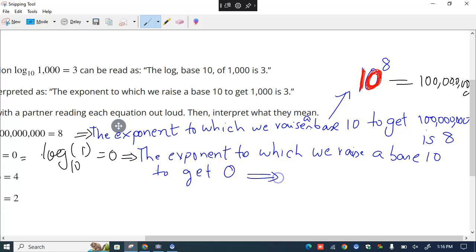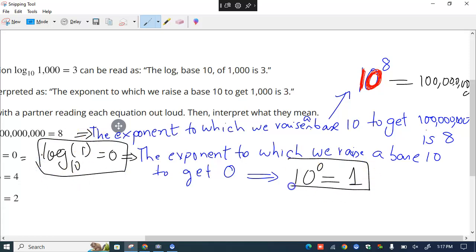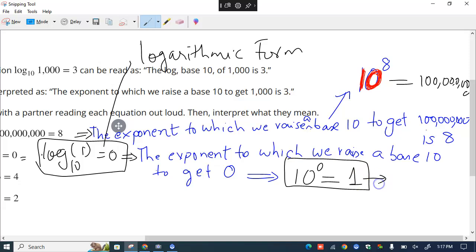In other words, it means when 10 is raised to the power 0, the answer is 1. So both are the same. Writing this and writing this means one and the same. One is the logarithmic form, and the one that we wrote here is the exponential form.